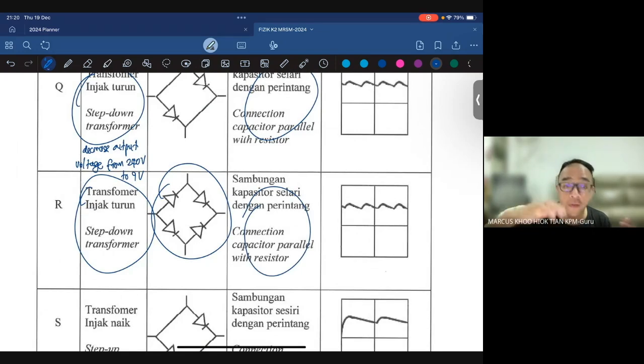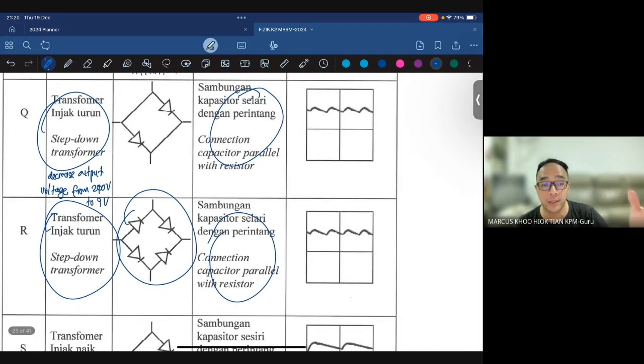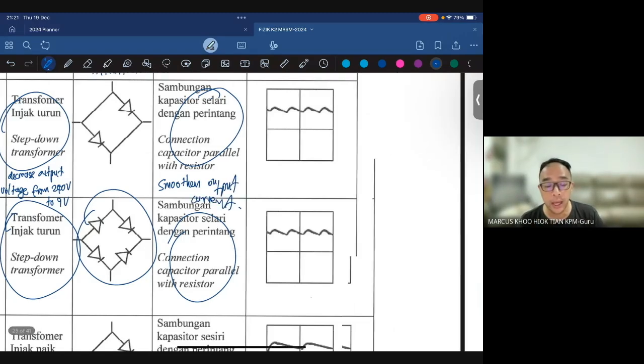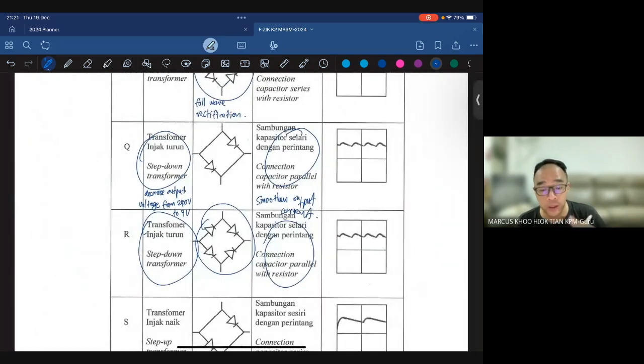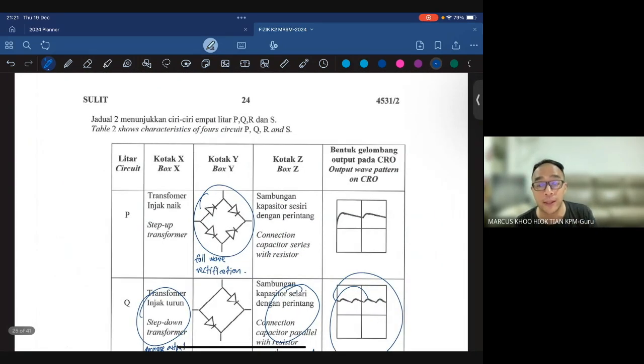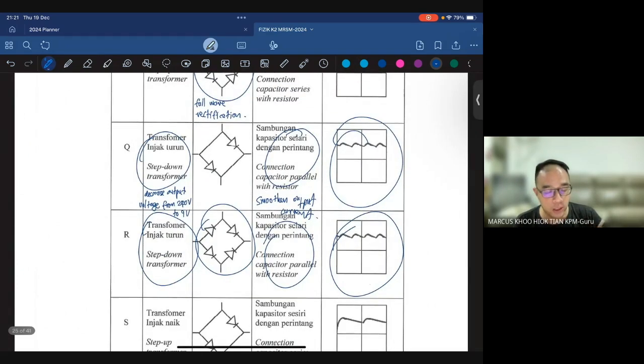So what's the function of the capacitor? The function of the capacitor is to smoothen the output current. And because it smoothens the output current, this will be our answer for the CRO wave pattern, which gives us R. R as the best answer.